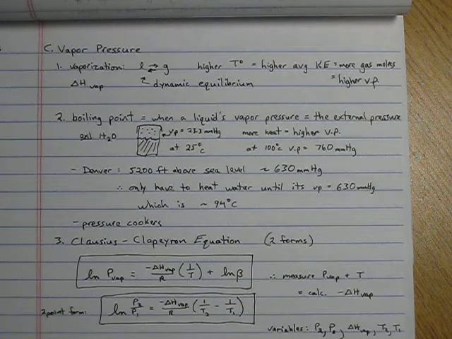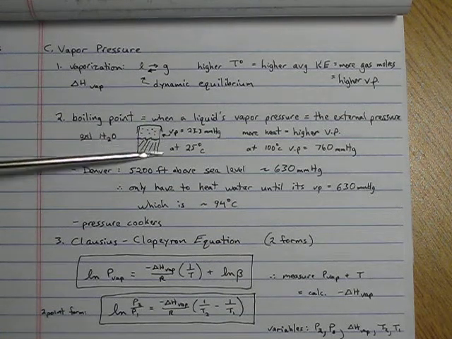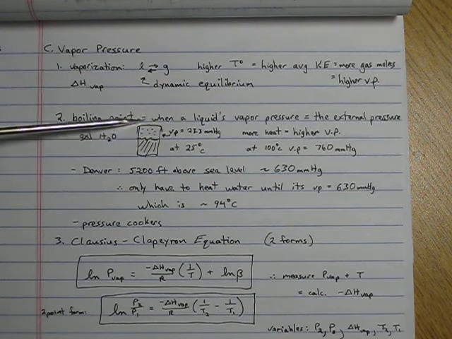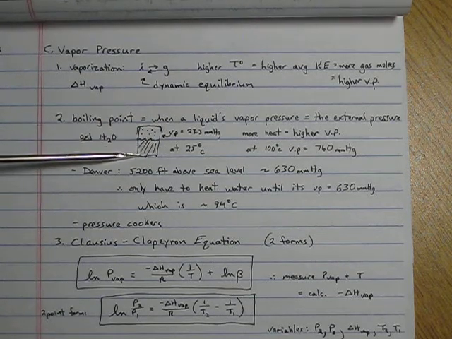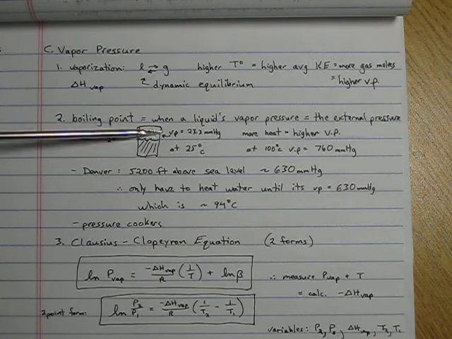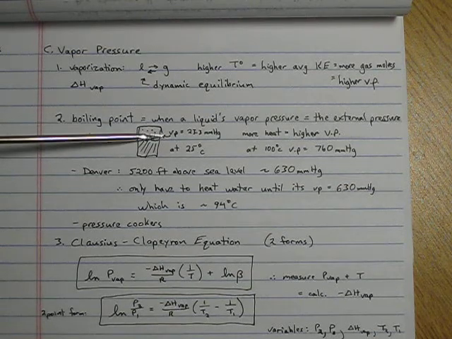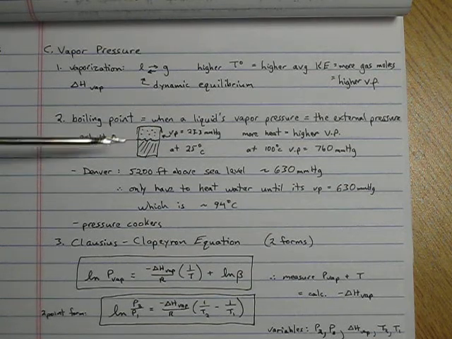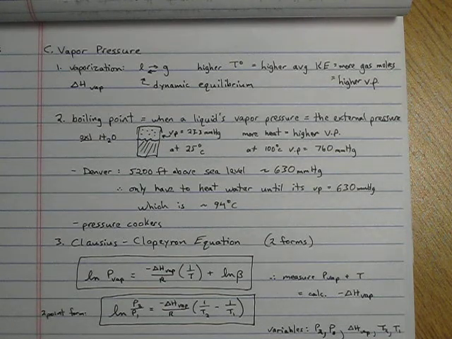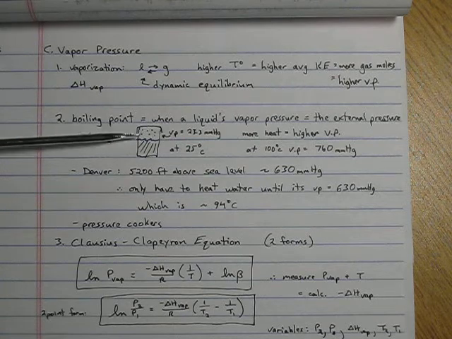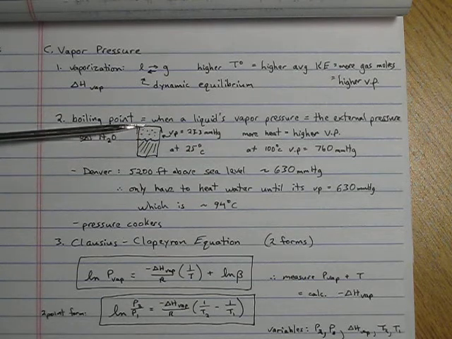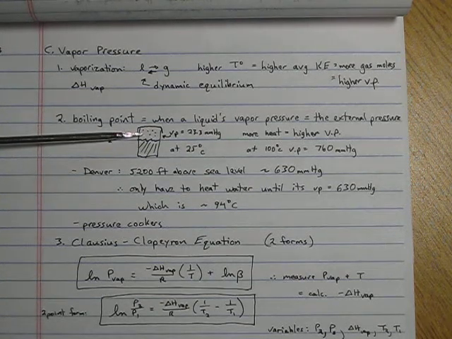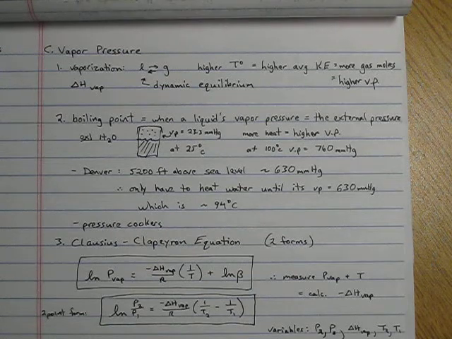But what happens is if you have a container, say a container of water that is capped off here, you have liquid water in here, there's going to be gaseous water, water molecules in the gas phase above the liquid water. If you look at the partial pressure of water molecules in the gas phase, we call that the vapor pressure.